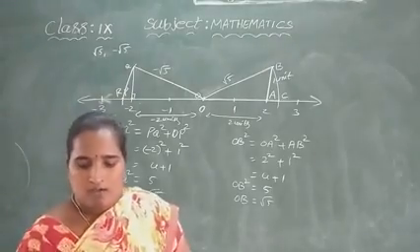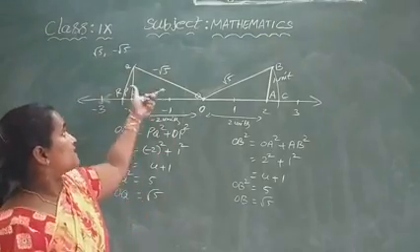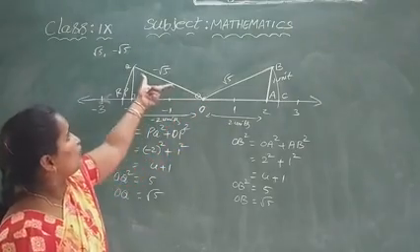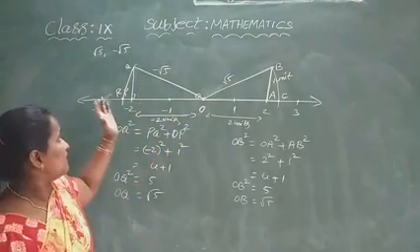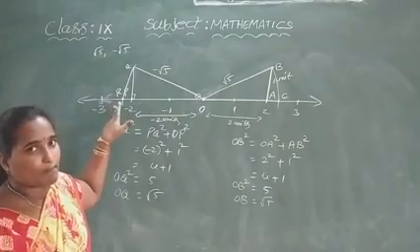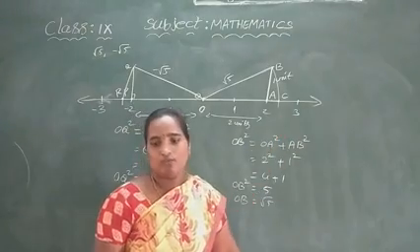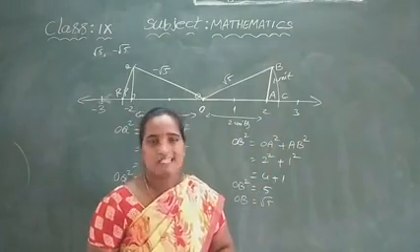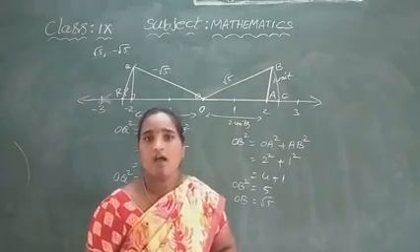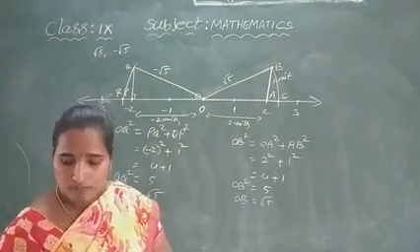Okay ma? Draw an arc with OB radius here, and with OQ radius here. R represents minus root 5 and C represents root 5 value. This is the representation of irrational numbers on the number line.